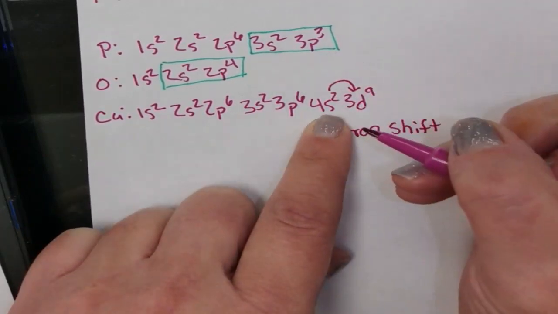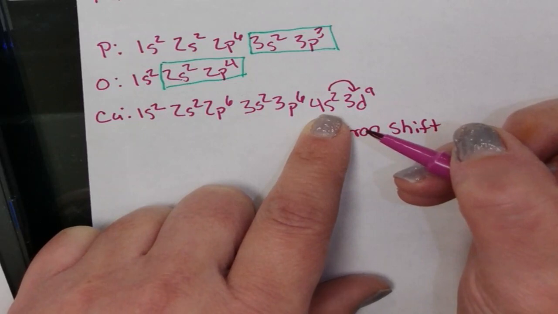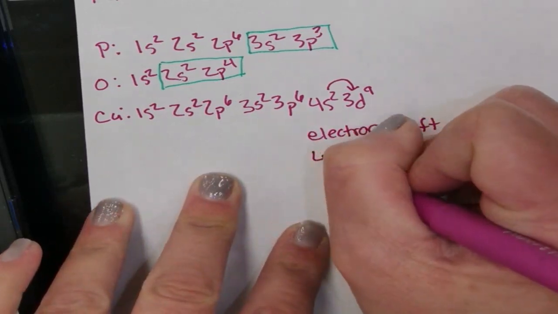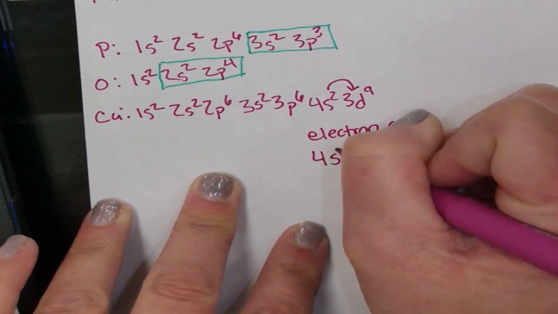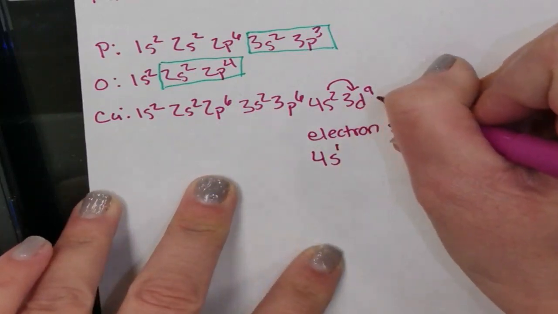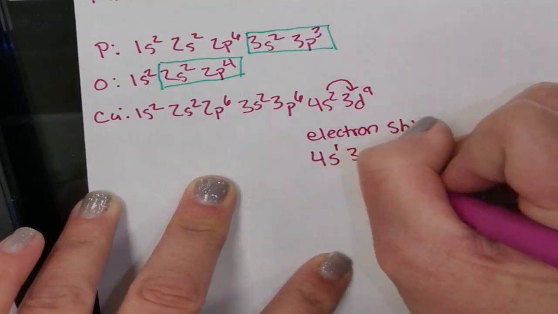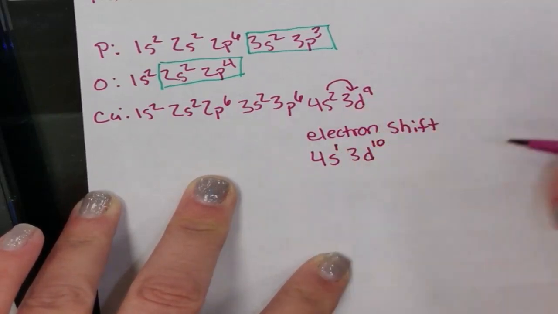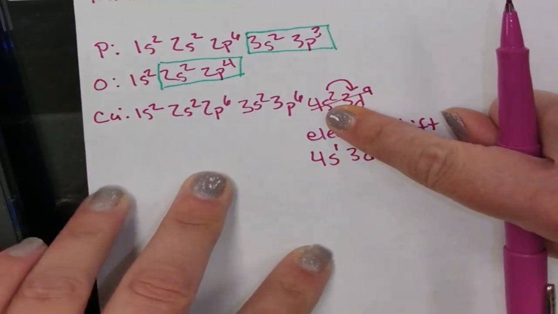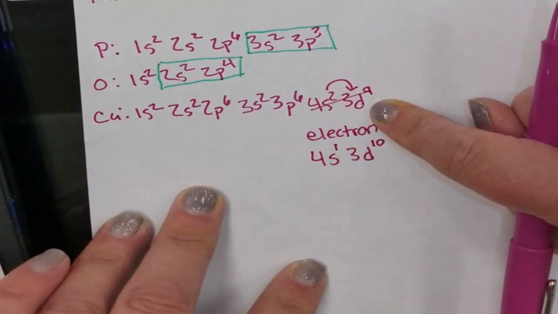So if I had 2 electrons and I take one away, what do I end up with? 2 minus 1 is 1. And if I have 9 electrons and I add 1, 9 plus 1 is 10. So 1 electron shifts from the s into the d.